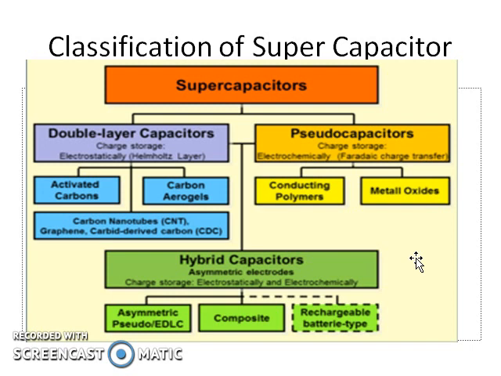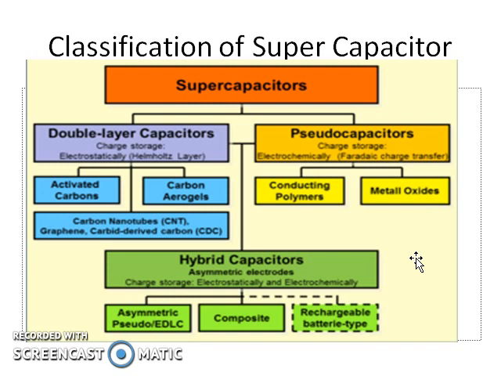Again, double layer capacitors have activated carbon type and carbon aerogels, and some of the time we use materials like, as I have already said, carbon nanotubes, graphene, carbide derived carbon. In the case of pseudocapacitor, we generally use polymer and metal oxide as a material.